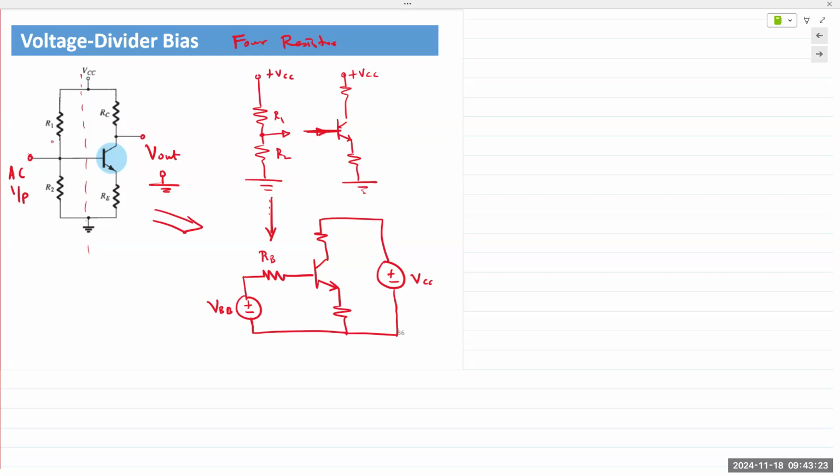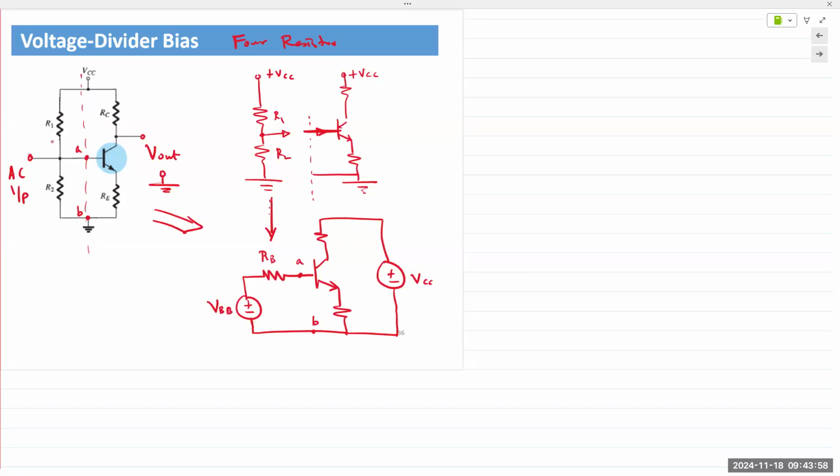So the way we do that is by finding the Thevenin equivalent network of R1 and R2 as seen by the base and emitter right here. Okay, and so we'll split up the circuit into 2 points, A and B. And we'll then determine the Thevenin equivalent network as seen by the transistor.